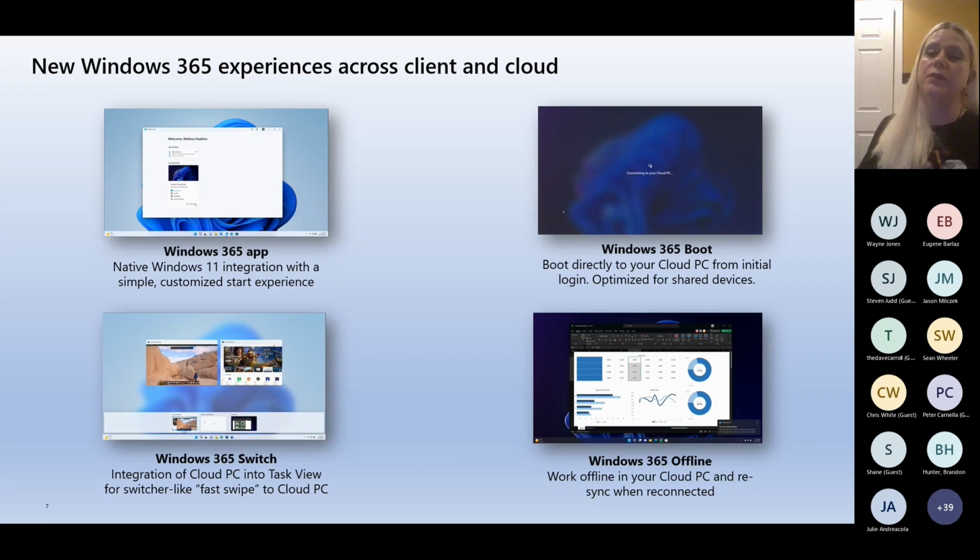We have a Windows 365 native app coming, which will bring the value and the additional features that we've baked into the web portal experience to the desktop. It gives you a nice separation between AVD and Windows 365. Very nice stuff. There's a lot of devs working really hard on that one now.